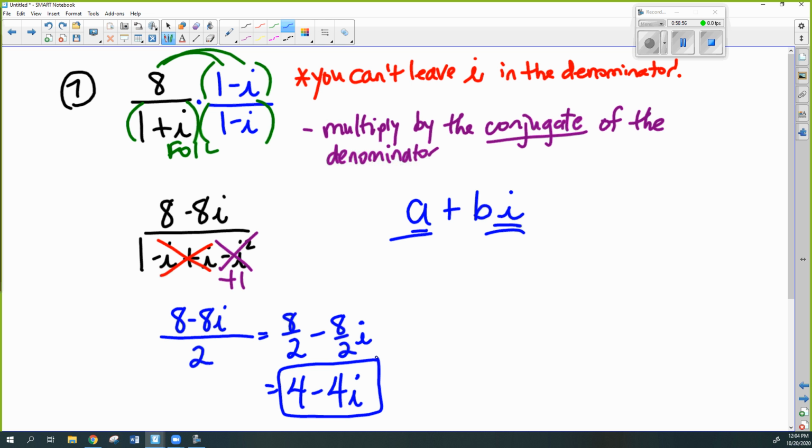Sometimes you'll still have fractions. Sometimes you will get whole numbers like this. So unfortunately, if you leave it as a big fraction, Alex is not going to accept it, and you're going to have to keep trying. It's going to make you do it again. So you have to split it up and then reduce any fractions that you can. Make sure the i goes next to it, not on top of the fraction.